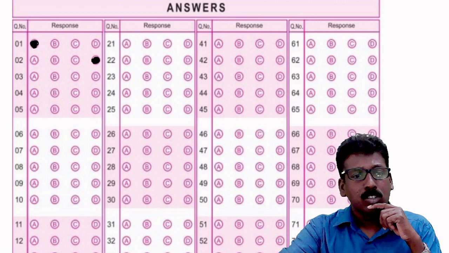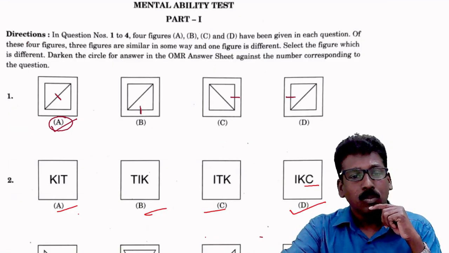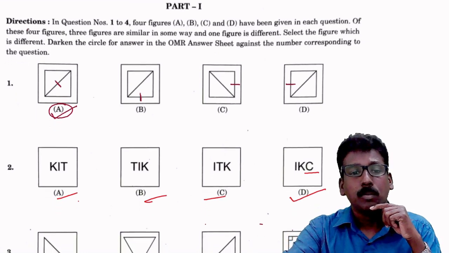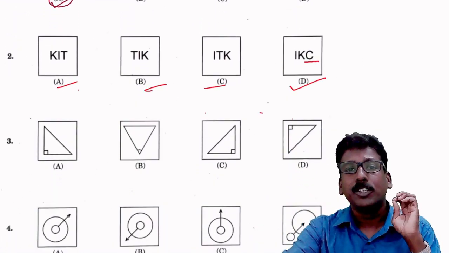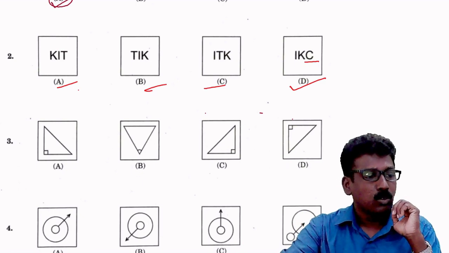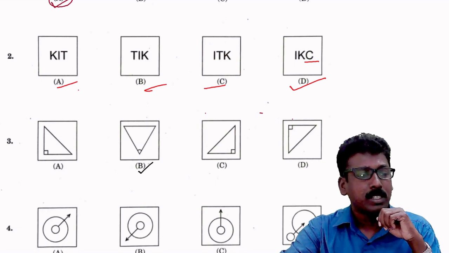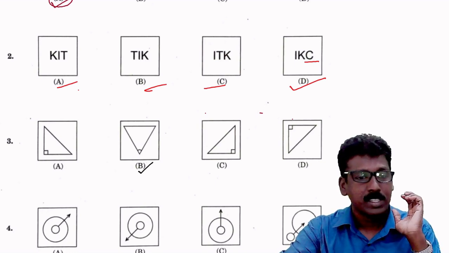Now let us look at question number 3 and 4. Just pause the video and try to do yours. Here in question number 3, all the triangles are right angle triangles, but B is not, so B is the correct answer.